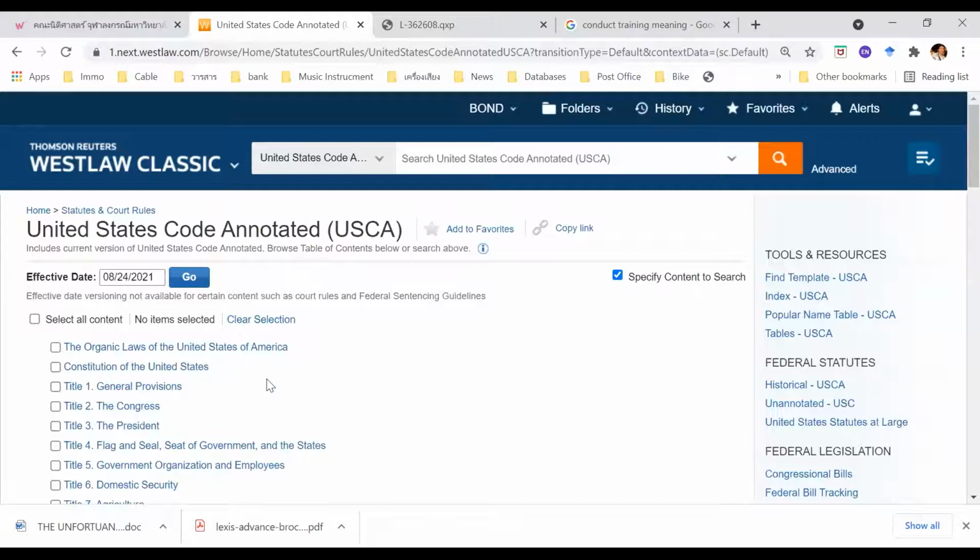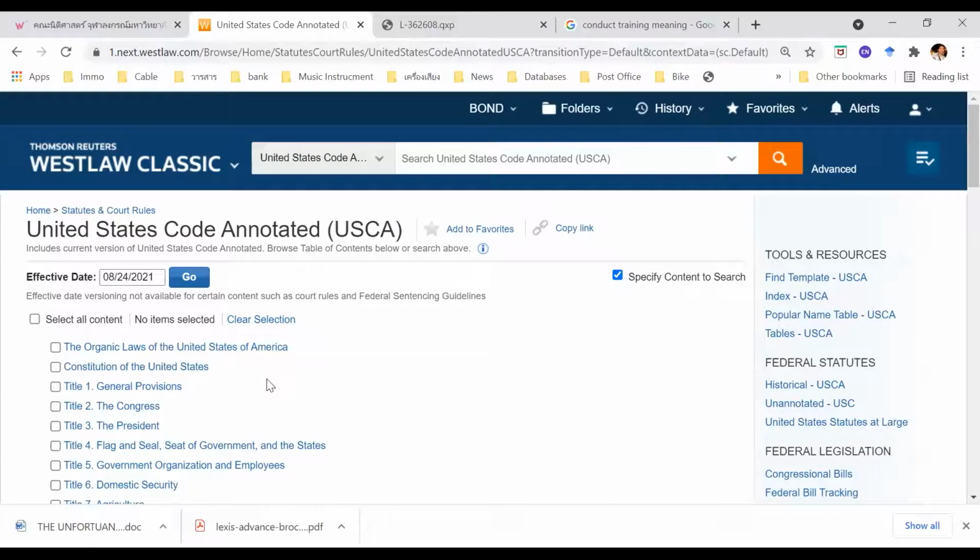But for another kind of search, say you search about abortion. I don't see a title about abortion, and I don't want to start with titles. What about another idea?